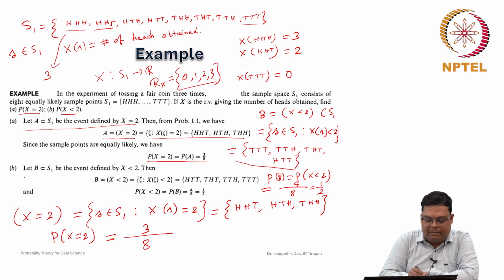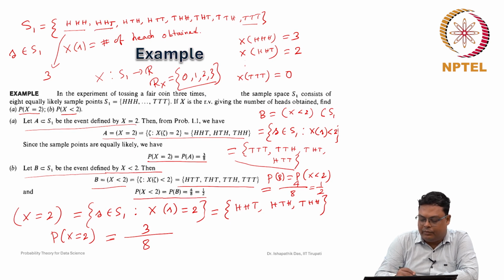Here B is a subset of S1, the event defined by X less than 2. So B is nothing but these values, and the probability of B is 4 by 8, which is 1 by 2.